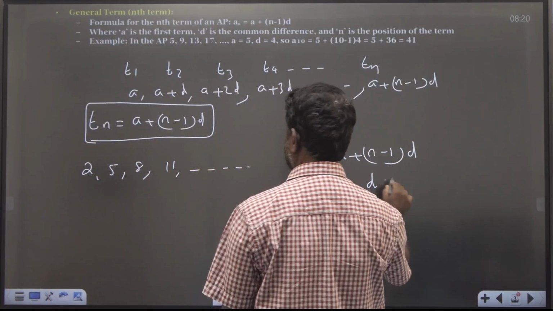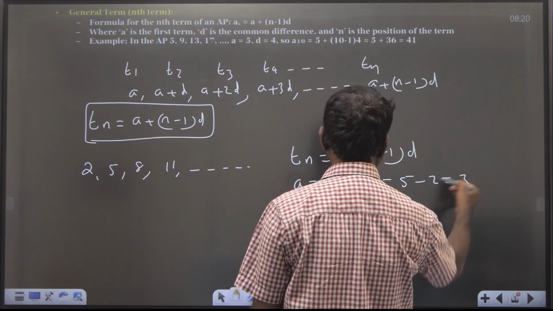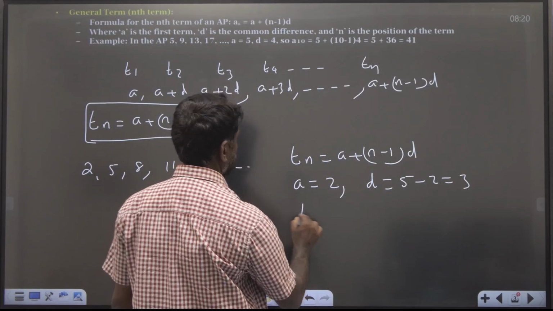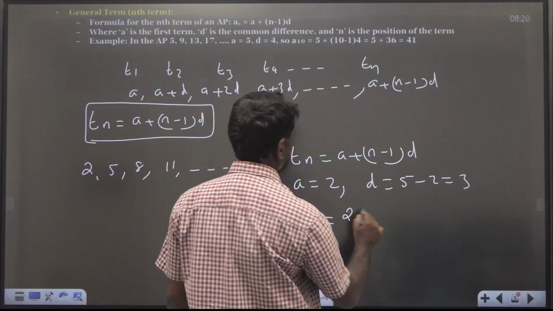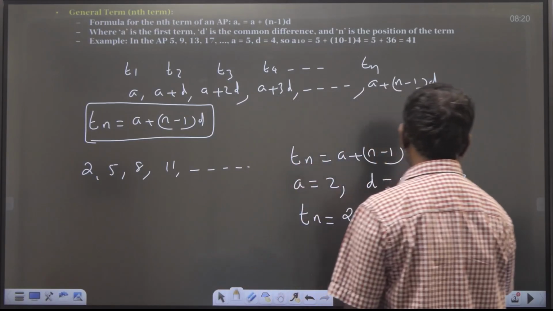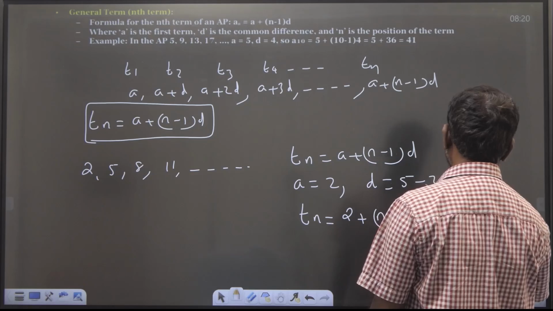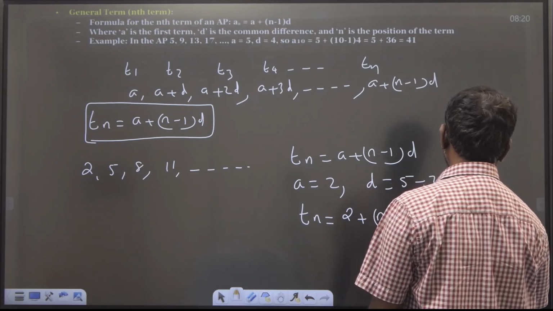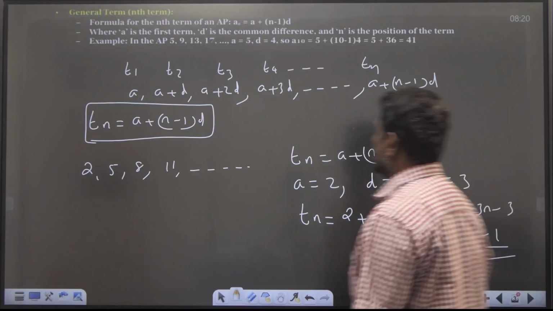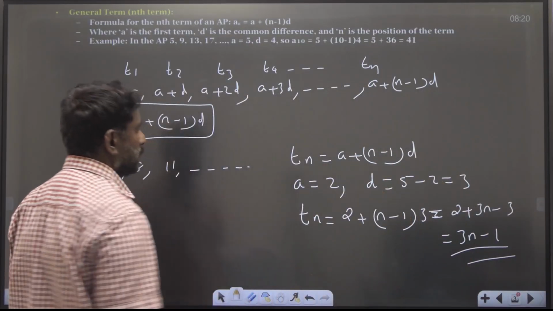What is d here? 5 minus 2 equal to 3. You substitute the values of a and d here. That is tn is equal to 2 plus n minus 1 into 3. Expand the bracket. We will get 2 plus 3n minus 3, that is 3n, and 2 minus 3 is minus 1. This is the nth term.